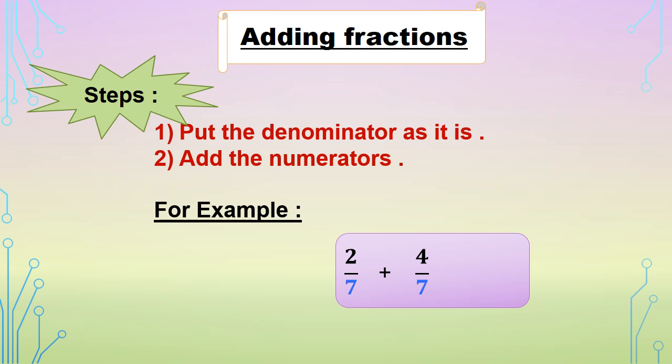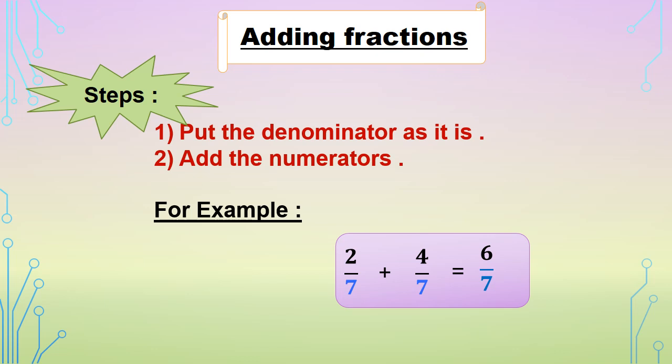So put the denominator as it is, 7, no change. And add the numerators together. 2 plus 4 equals 6. So the result will be 6 over 7. Again, 2 over 7 plus 4 over 7. Here we have same denominators. What shall we do?